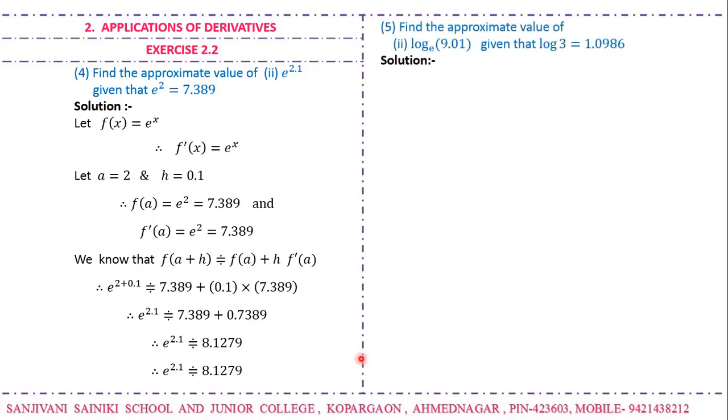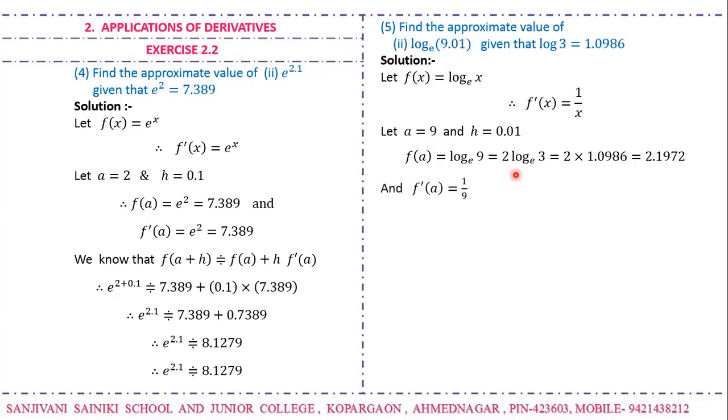Now the next example is interesting. Log of 9.01 to the base e, and it is given that log of 3 is 1.0986. Now here, log of x to the base e, we have to choose the function as log of x to the base e, and its derivative is 1 upon x. Now we have to choose a is equal to 9 and the fractional part 0.01 is h. Then f of a is log of 9 to the base e.